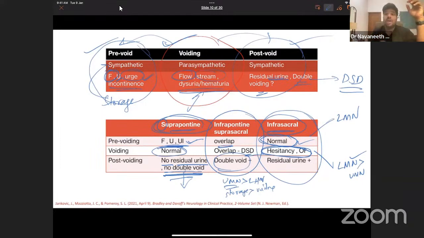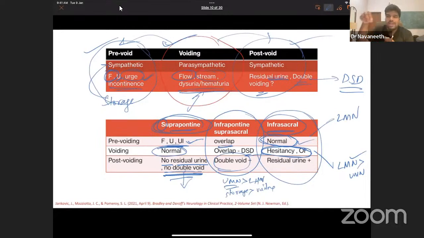You will never be able to surely tell whether this is a predominant UMN lesion or an LMN lesion. But mostly UMN lesions will be more than LMN lesions. And then you have an infrasacral problem, which typically has no problems with respect to the sympathetic nervous system. So it has problems with respect to parasympathetic voiding. So it's going to have overflow incontinence and problems with respect to the motor and the sensory nerves.